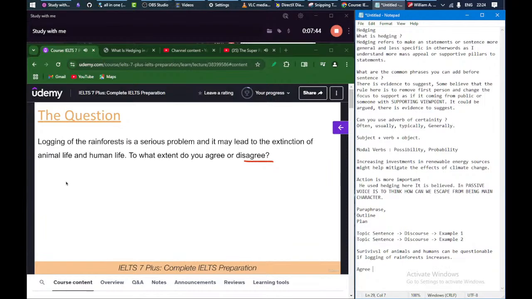And the actual physical act of taking away trees, of course, destroys habitats. Wildlife is forced closer to human beings. This can lead to more loss of life.